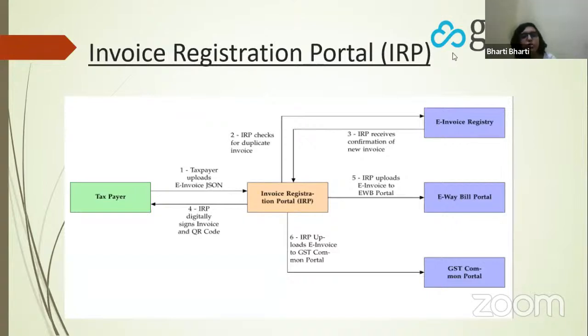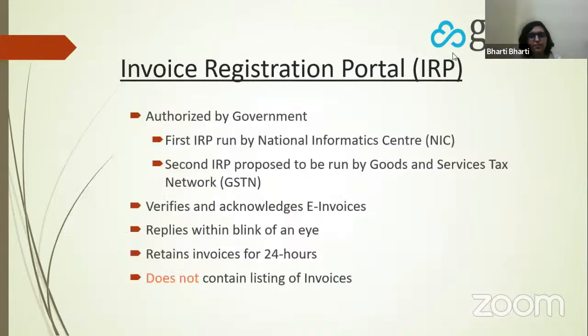If an e-way bill is also generated, the invoice goes to the e-way bill portal as well, and from there it gets populated in GSTR1. It will also give you the information in the form of a QR code and signed invoice. So this is authorized by the government.